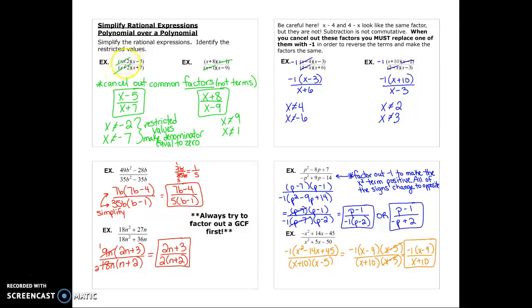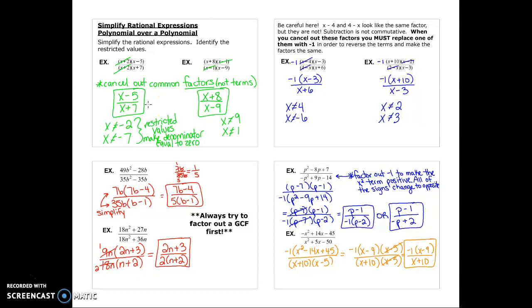So x plus 2 divided by another x plus 2 really becomes a 1, so we can just cancel those out. When you do that canceling, you're then left with an x plus 5 in the numerator that did not cancel, and an x plus 7 in the denominator that did not cancel. So your final answer for that is x plus 5 divided by x plus 7.